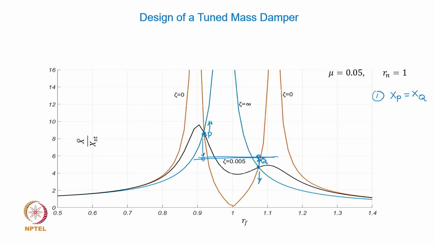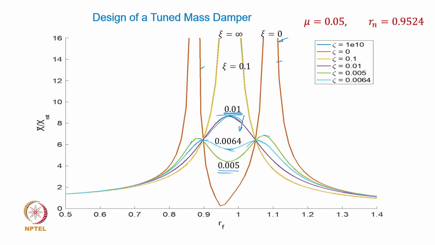Okay, but that is not enough. Just to bring these amplitudes equal is not enough. For example, in this case, if you see this green colored case, even if I bring these amplitudes equal, the graphs will pass through this point, but then they will show up with larger amplitude at some other value of RF.